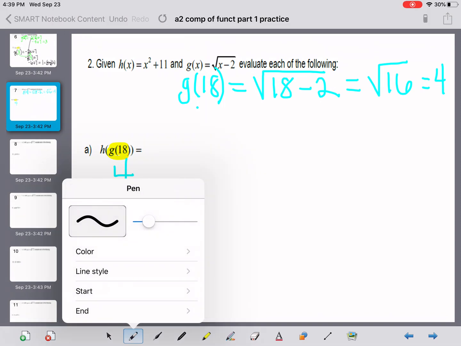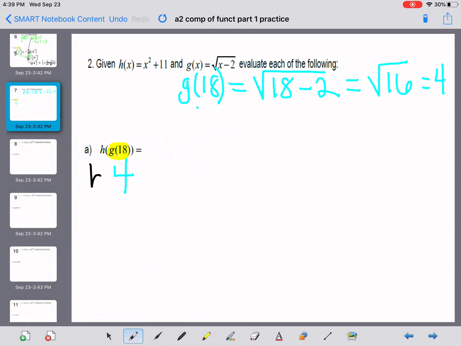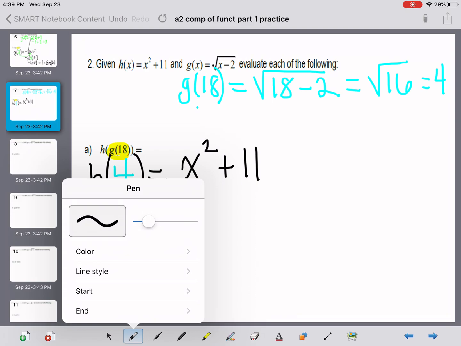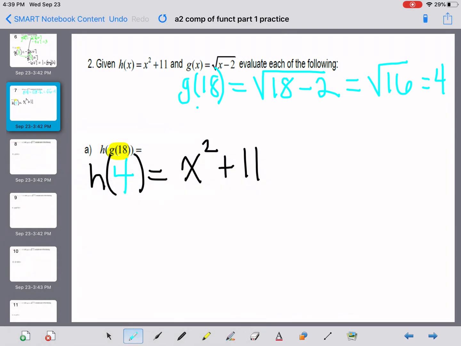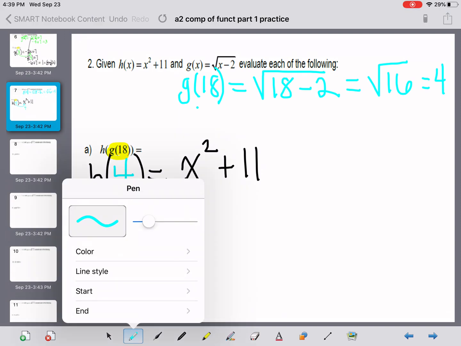And now we're going to figure out, well, what does h of 4 equal? And our h function is x squared plus 11. So now we're going to take this value of 4, and we're going to replace the x there.